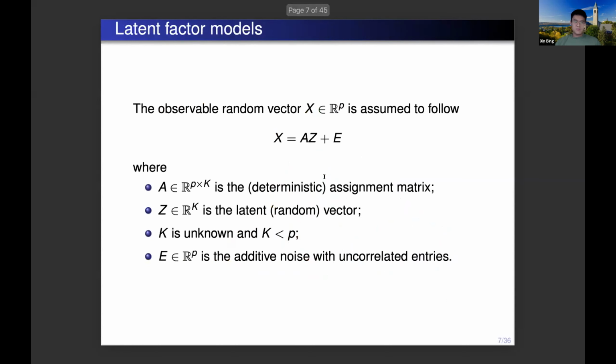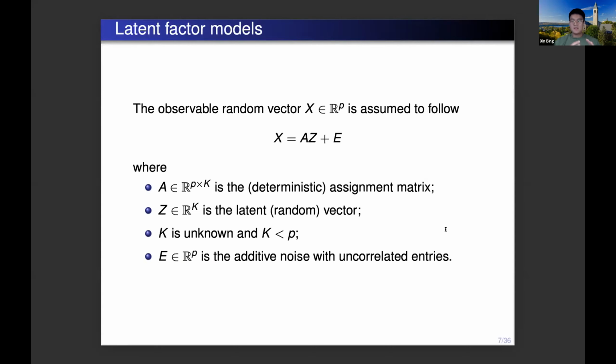To solve this problem, a popular approach is to use latent factor models to model the relationship between the observable features and the latent factors. For instance, in this linear latent factor model, X is the observable random vector and A is a P by K deterministic assignment matrix.